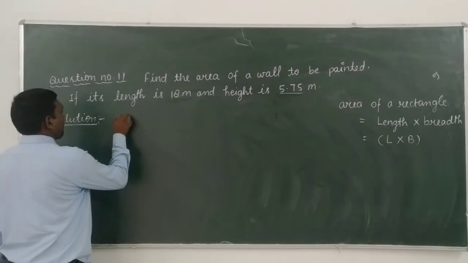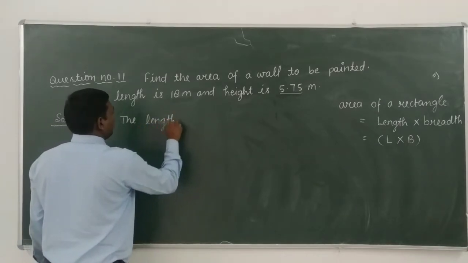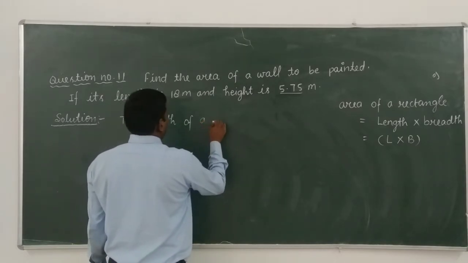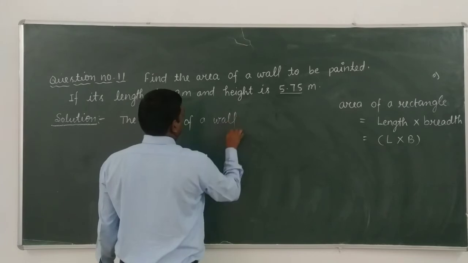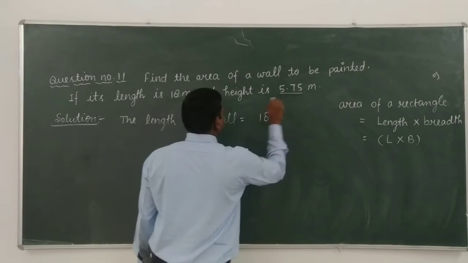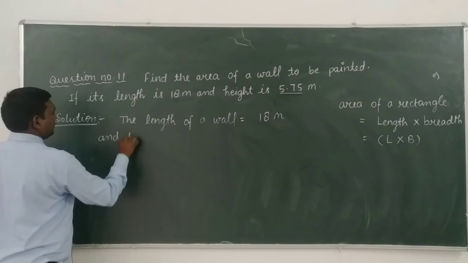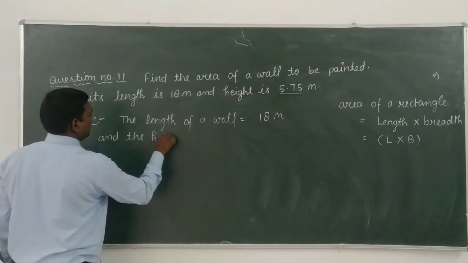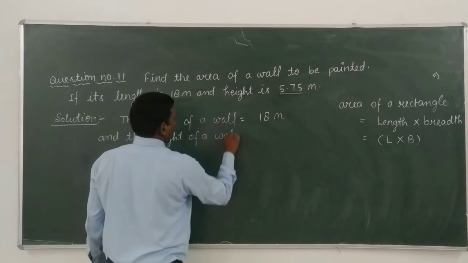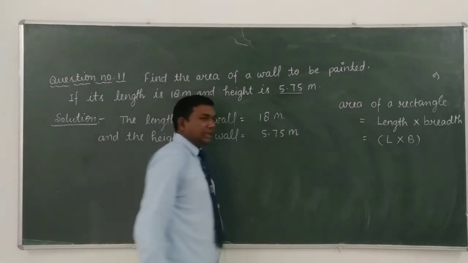Here given that the length of a wall is equal to 18 meter and the height of a wall is equal to 5.75 meter.